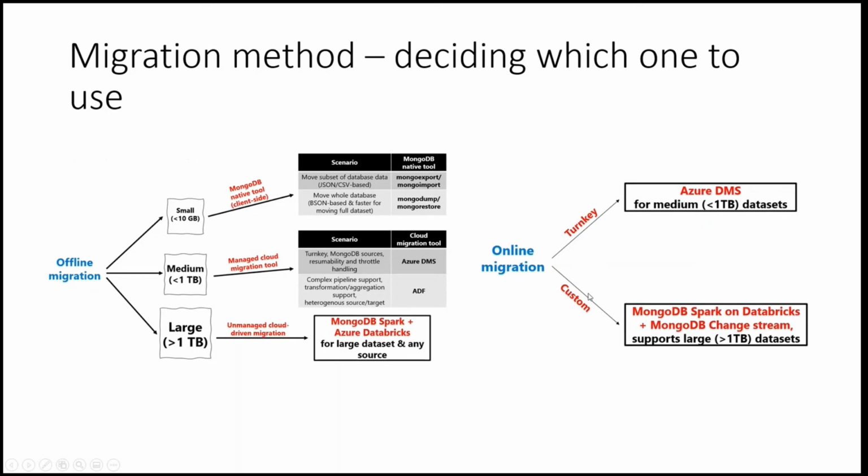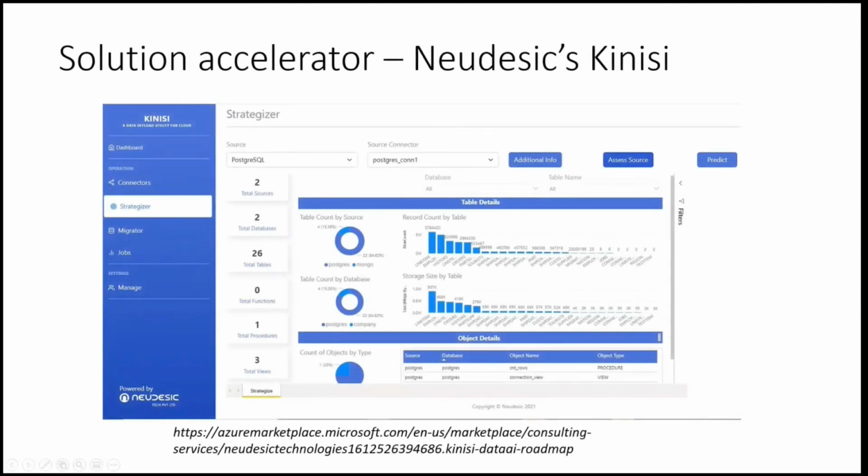For online migration, you can use a custom solution like Spark with change streams. Again, Debezium, Kafka, whichever one it is, you can use that as well. And you can even use Azure DMS, which is available out of the box for online migration. Also, I wanted to mention another partner solution here.